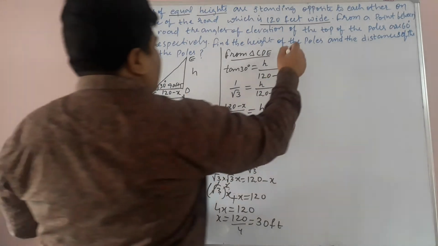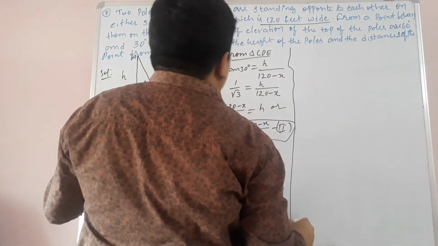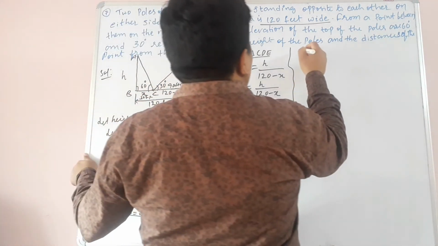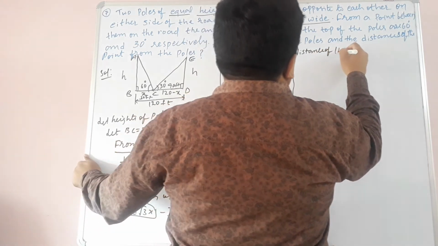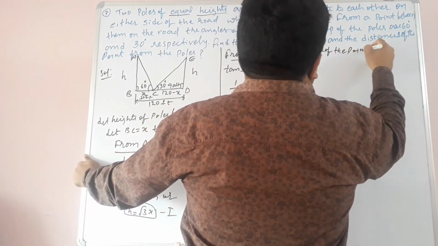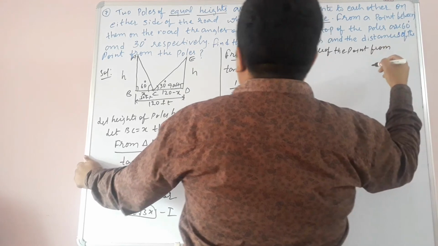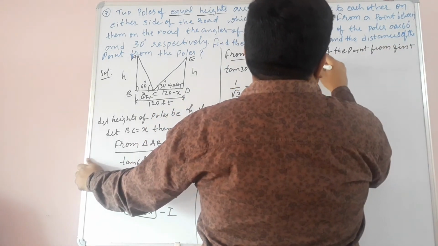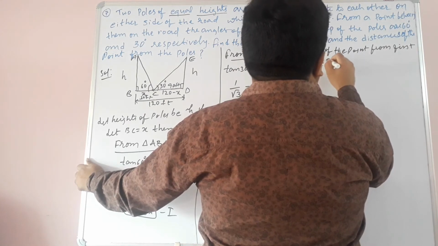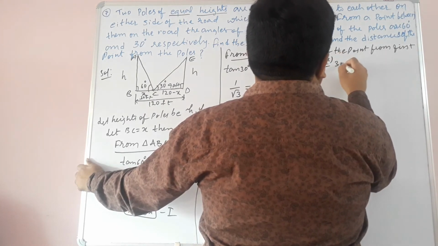So children, we can write like this. Distance of the point from the first pole is equal to the x value, 30 feet.